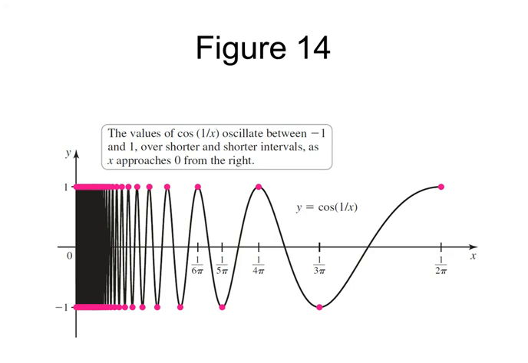And even though there aren't any holes in this function other than the fact that it can't be defined at 0 because we get 1 over 0 inside of cosine, other than that hole there, this function is defined everywhere else, but it's not approaching any point because it's oscillating back and forth. And so this is another example of where the limit does not exist.